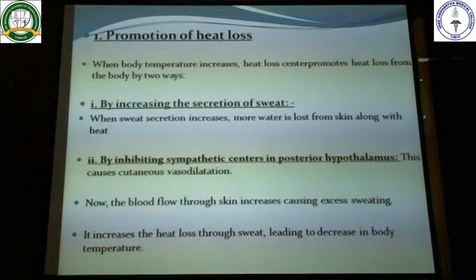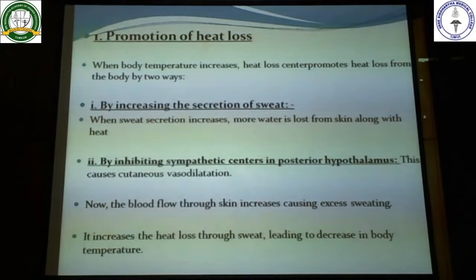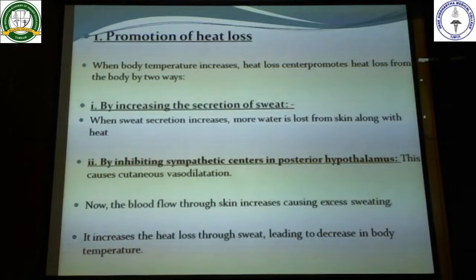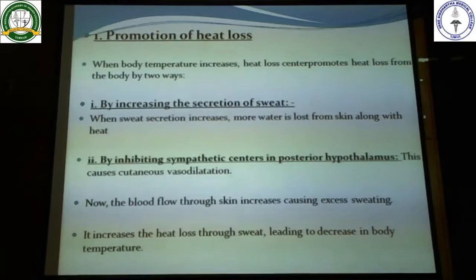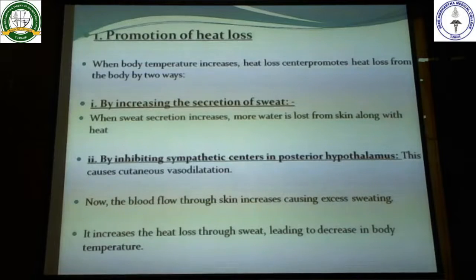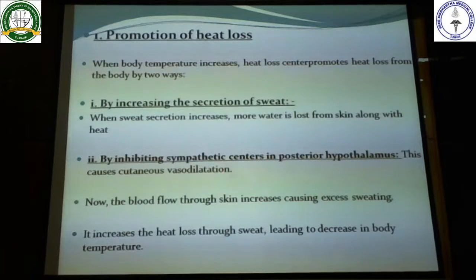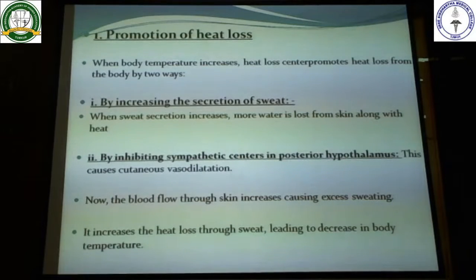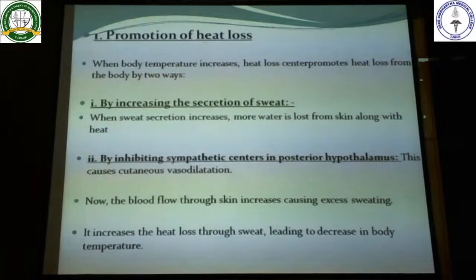When this occurs, the blood supply in these cutaneous blood vessels increases, and as they are present nearer to the surface of the skin, more sweat production is facilitated. As a result of this, the heat is lost from the body.